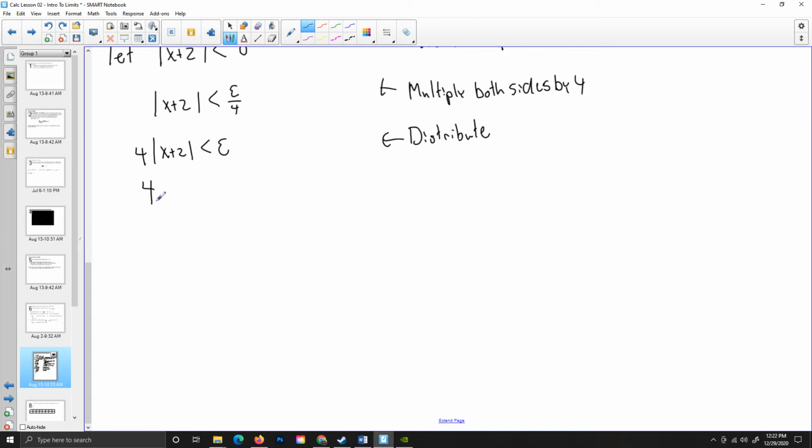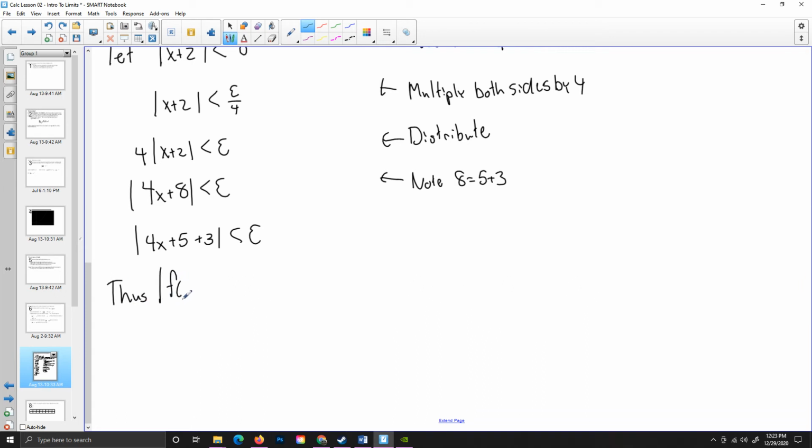And that will give me the absolute value of 4x plus 8 less than epsilon. And here we should note that 8 is equal to 5 plus 3. So we can rewrite this as the absolute value of 4x plus 5 plus 3 less than epsilon, and thus the absolute value of f of x minus the limit is less than epsilon. And our proof.